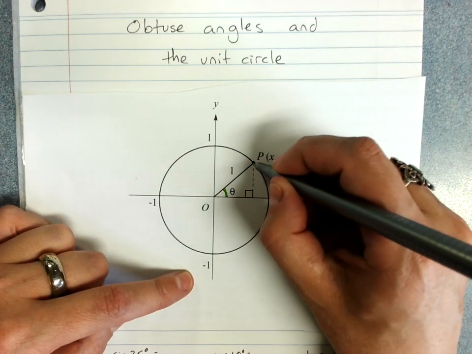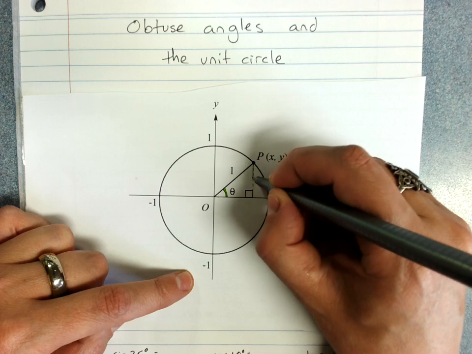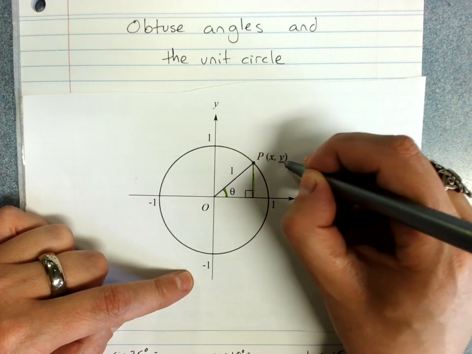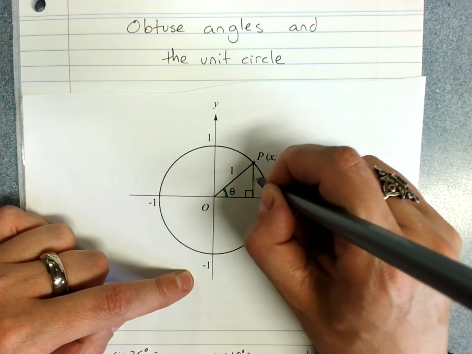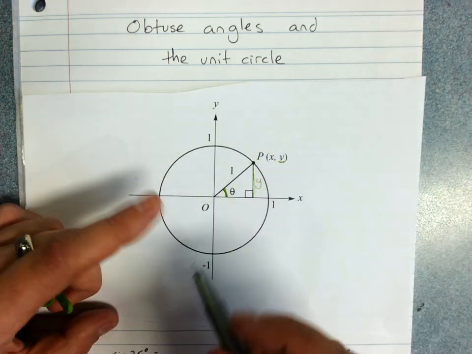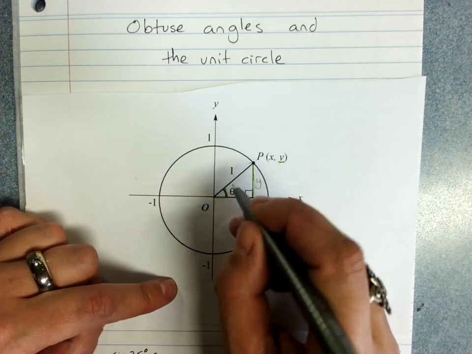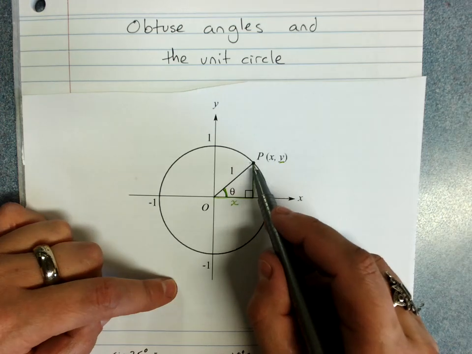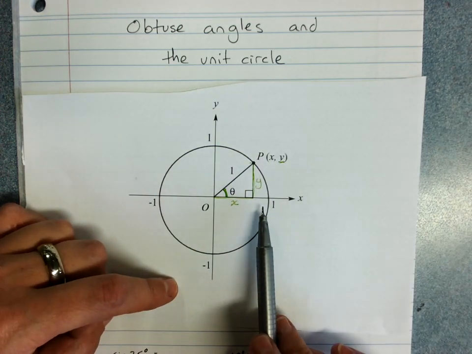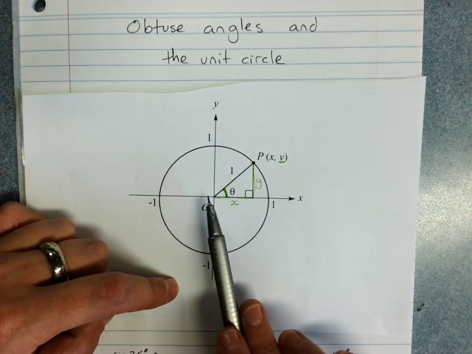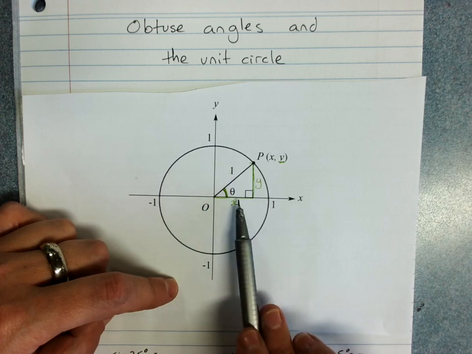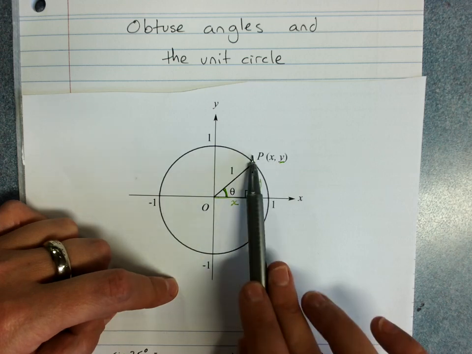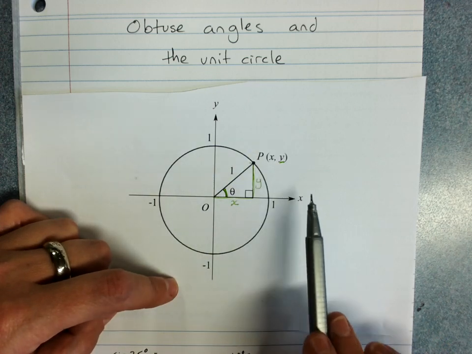And quite obviously, in this triangle, this side has the length that matches the y coordinate, and this side has the length that is the x coordinate of where that point is. From that, you can see that we've got a triangle whose sides are x and y and 1 for the hypotenuse.